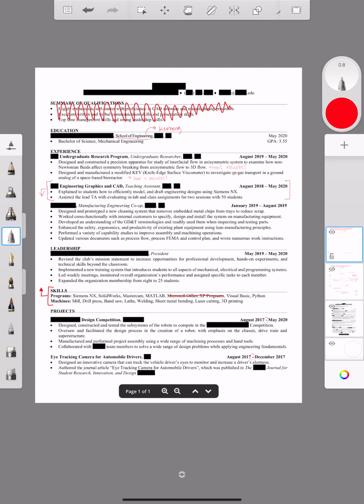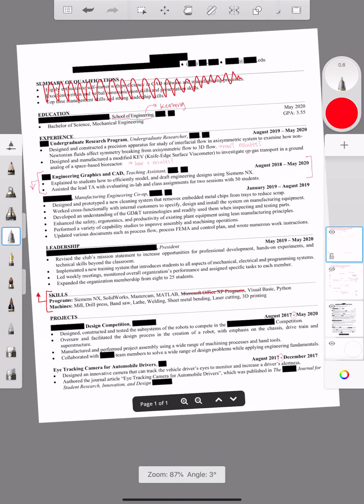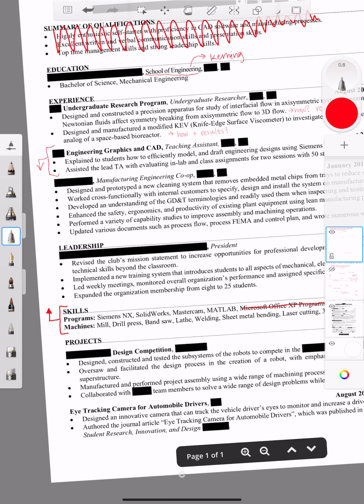So you want to list your most awesome, most relevant bullet points first, and then slowly get maybe less and less relevant, with more project management and leadership role stuff, like communication and that kind of squishy stuff towards the bottom, with really hard, hands-on "I did this and this and this and led to that" bullet points at the top. That's why I'm saying, let's move this teaching assistant stuff down, because I think this manufacturing engineering co-op is much stronger.